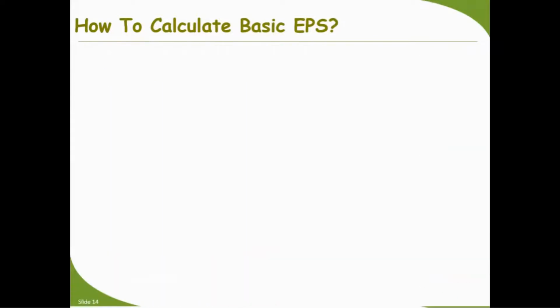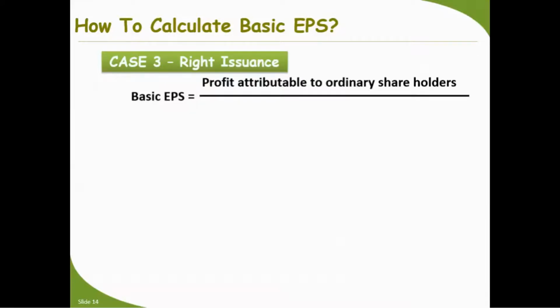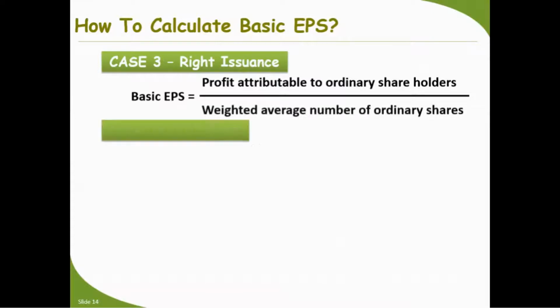Then the third case, which is rights issuance. As I discussed earlier, the formula is the same: profit attributable to ordinary shareholders divided by weighted average number of ordinary shares. Again, the characteristics: there is a contribution of additional resources.